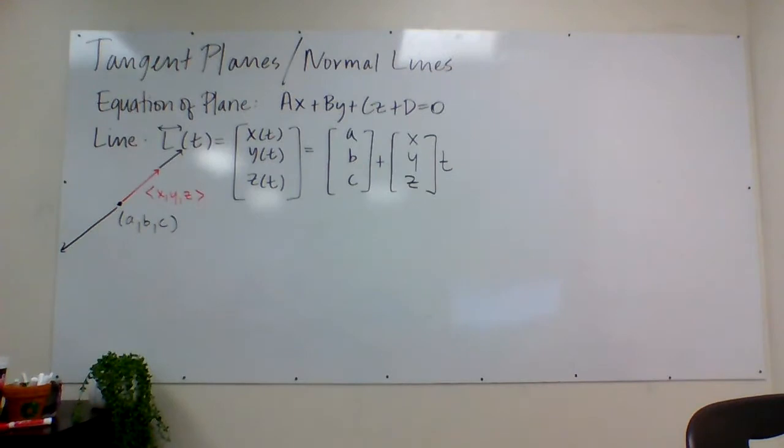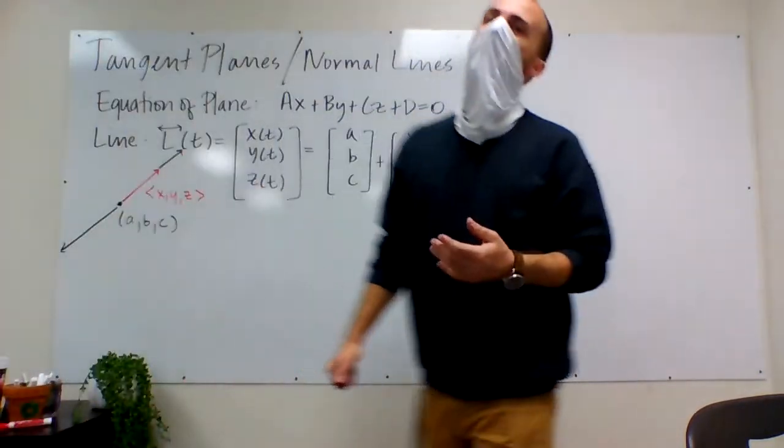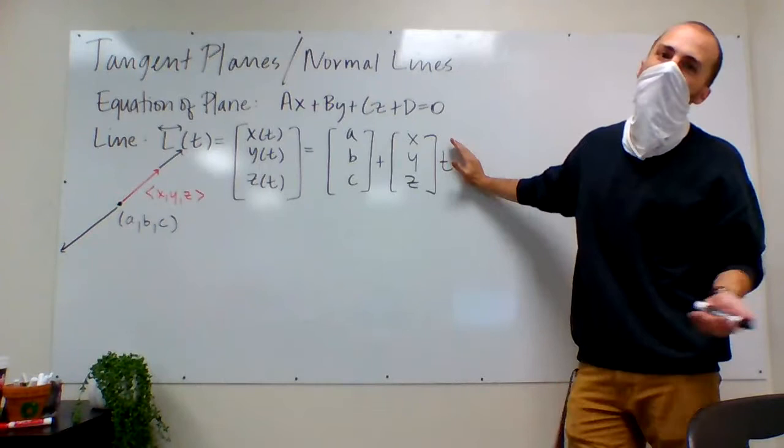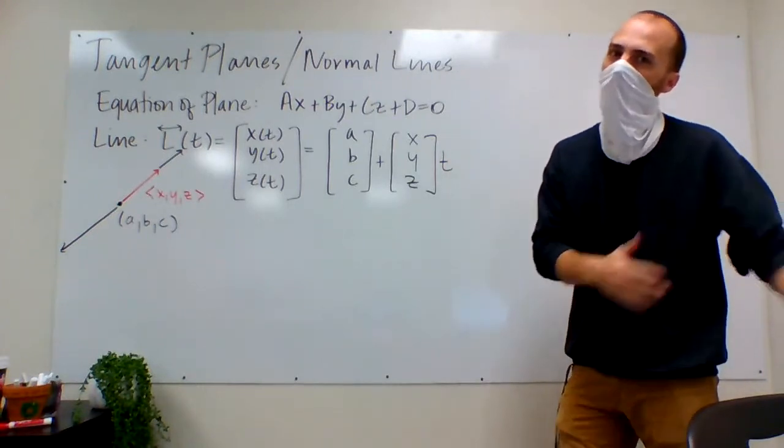This is something that we did a lot in linear algebra. This is mainly for anybody that didn't take linear algebra, how to write the equation of a line, and just reminding you that the line is going to have time in it, and it's going to have 3 separate equations, pretty much.